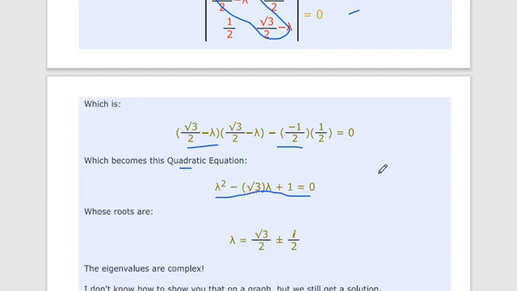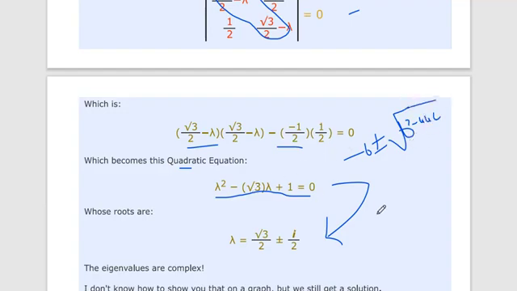Now if we want to find the roots of this quadratic equation, they will be imaginary solutions. Why? Using minus b plus or minus root of b square minus 4ac, b square is root 3 squared, which is 3, minus 4ac, which is 4. So we have under root minus 1.